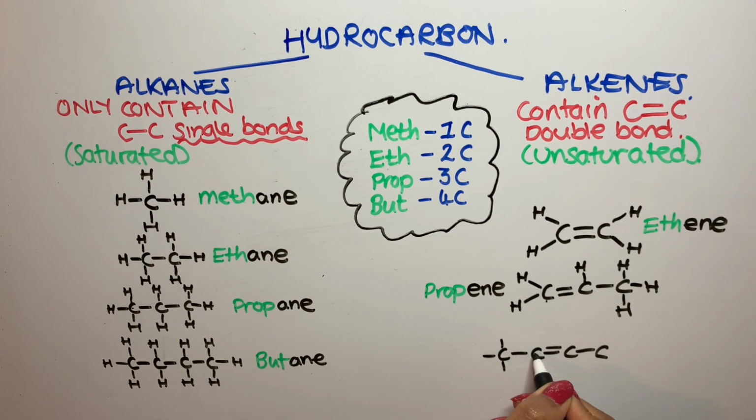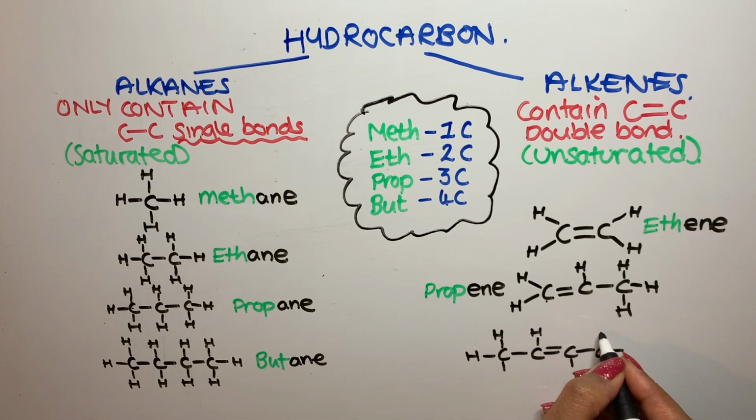My second one, 1, 2, 3, 4. For this next one, 1, 2, I'll put it at the bottom this time, 3, 4. And then for my last one, 1, 2, 3, 4. And because it's a hydrocarbon, those carbons are bonded to the hydrogens. So I draw in my hydrogens.